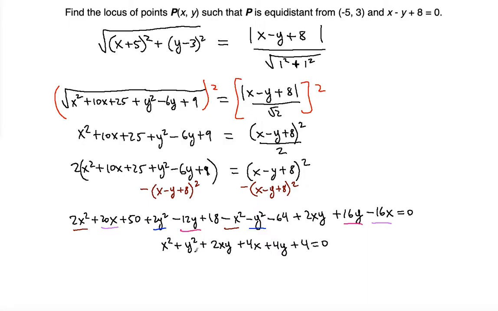Okay? And notice that this polynomial with 6 terms can be factored so that it looks like a perfect square, right? It can be expressed as a trinomial being squared.